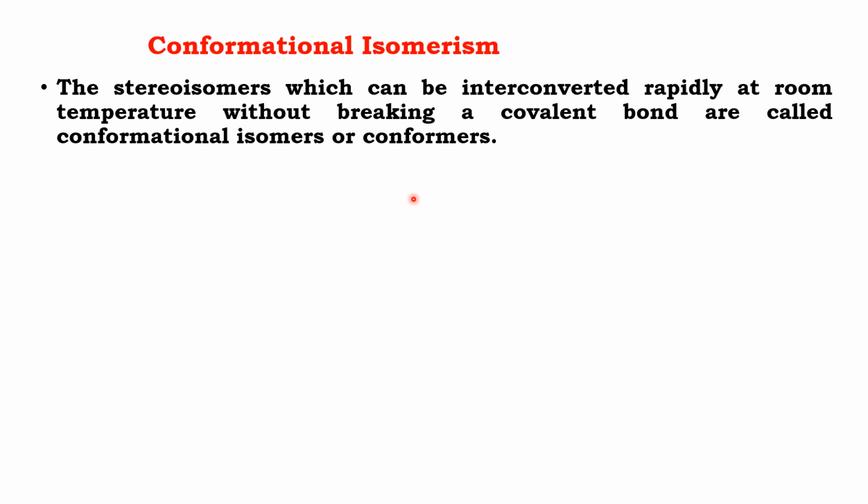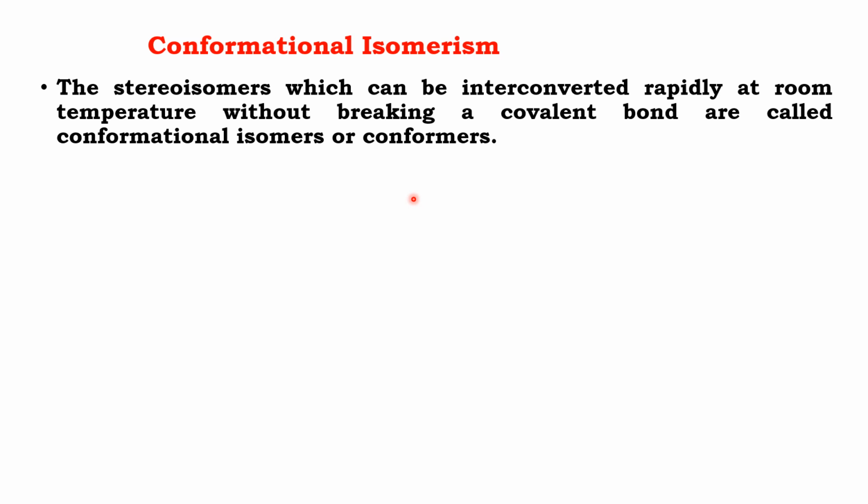As a result, due to the rotation of the carbon-carbon single bond, various spatial arrangements are possible for a saturated organic molecule. Without breaking the carbon-carbon single bond, they are spatially oriented in different directions. And this type of isomerism is called conformational isomerism.